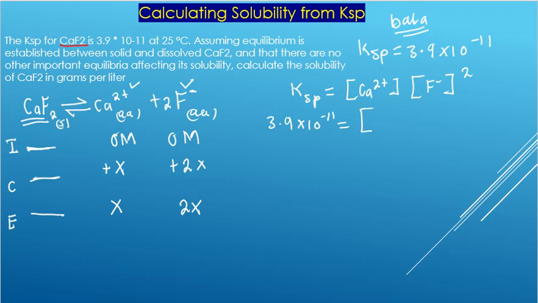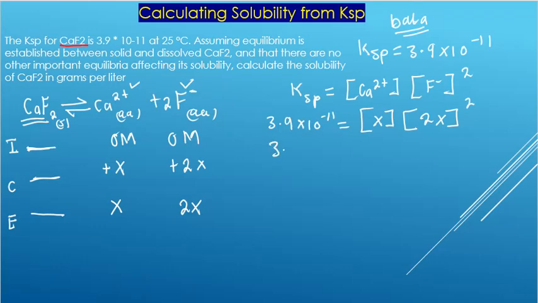what is the molar concentration of calcium? Calcium is simply x. How about the molar concentration of fluorine? We have found 2x to the power 2. This tells you that a balanced equation is very important under this topic.